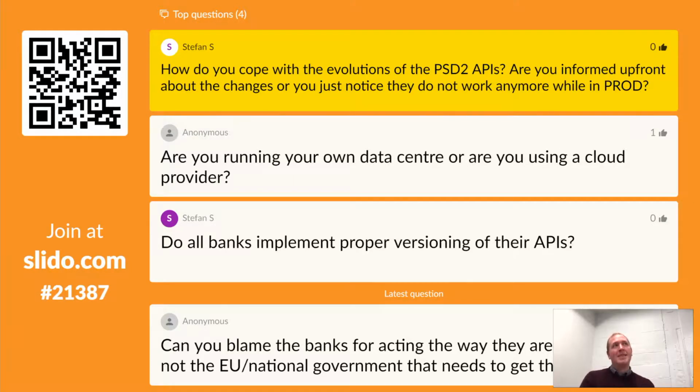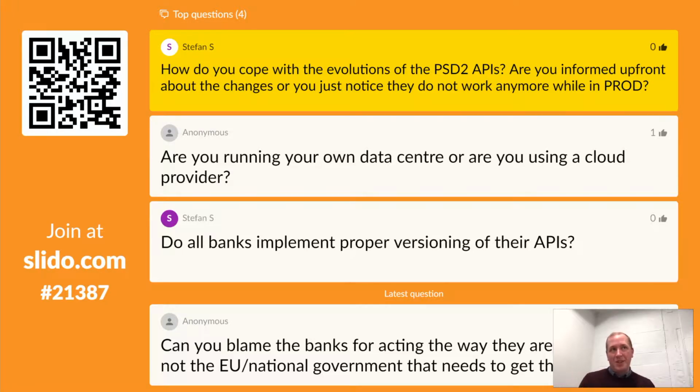Some of those banks really have a good way of working. So they announce a new version of their API well upfront, about 2-3 months. They announce these are going to be the changes. This is the new API. You can already start migrating in test, and then you can migrate in production, and so on. And then at some point, they deprecate the old API.